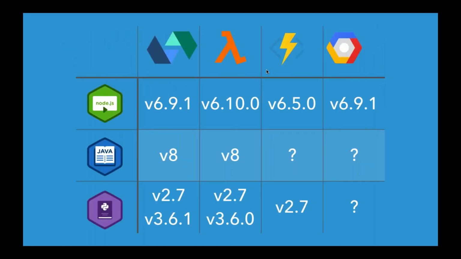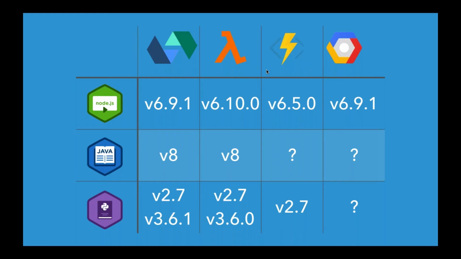So if you look across what I call the big four, OpenWhisk, Azure Functions, Lambda, and Google Cloud Functions, there are a couple of key runtimes that are supported across all of them, and then some that are slightly more specific. All serverless platforms generally support Node.js. It's like the first-class serverless language, I think, anyway. And you can see that all of these four support a modern version of Node.